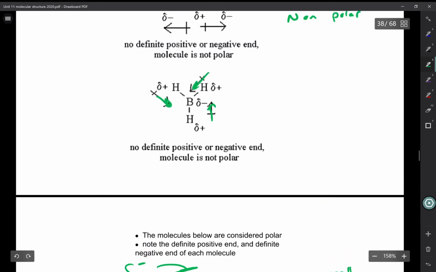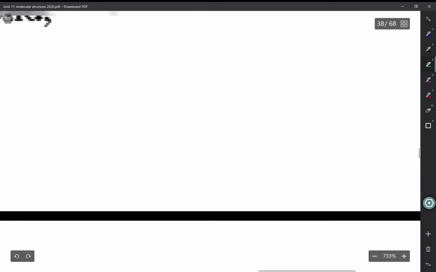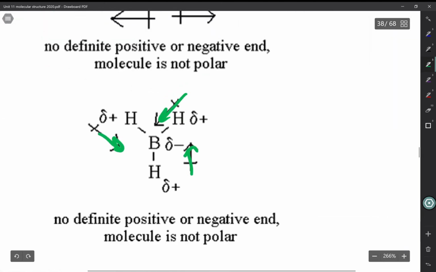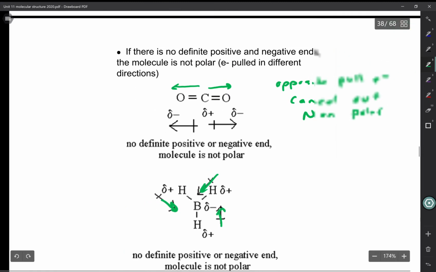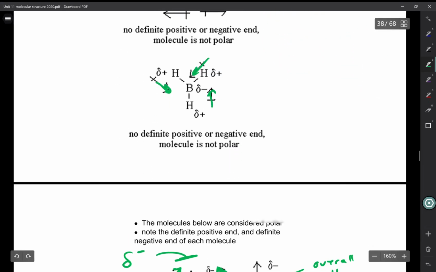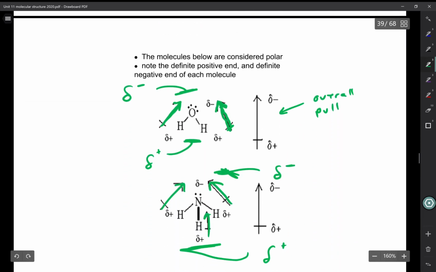Now, another way to do this is something called the line test. What we mean by the line test is, in your molecule, if you can draw a line anywhere in the molecule and separate the negative ends from the positive ends, you have a polar molecule. Say if we do water again, I'll draw this over here.